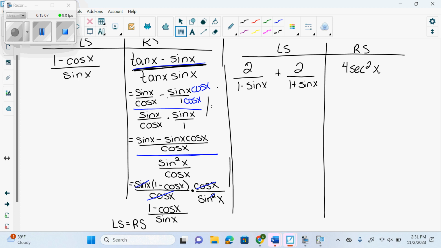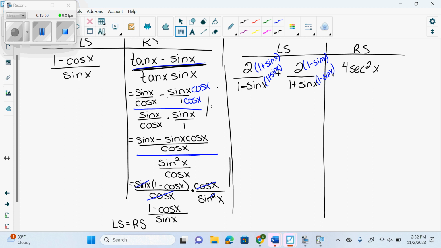Okay, what do I do on the left-hand side? You have to make a common denominator. So these are not the same thing, and I didn't accidentally put a minus on one of them. Someone asked me the other class. So 1 plus sine x, 1 plus sine x, and then 1 minus sine x, and then 1 minus sine x.